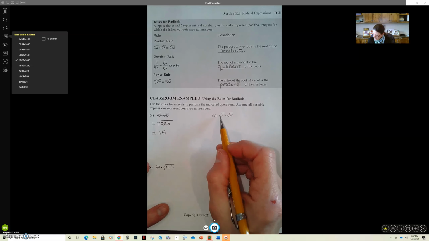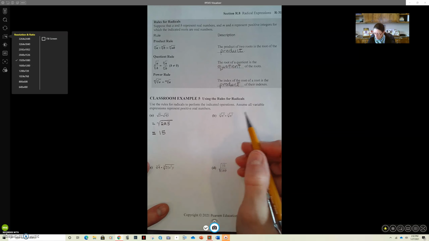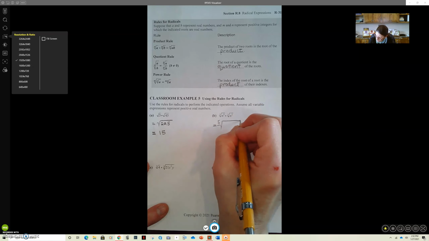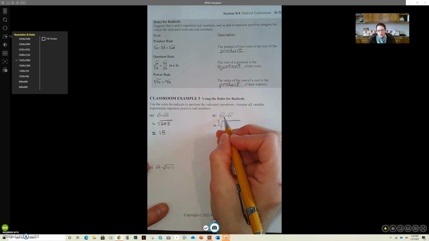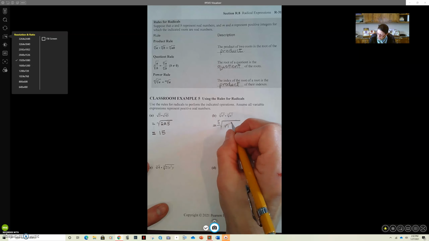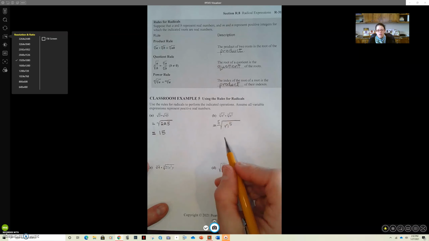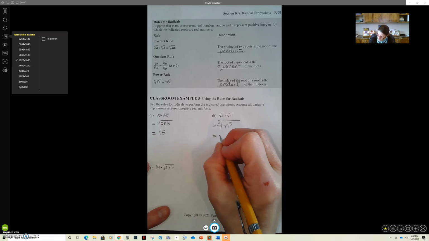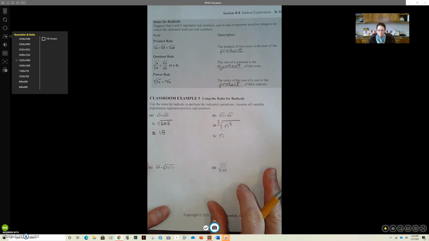In part B, notice that these are both fifth roots, and so we can multiply the radicand values. That's the fifth root of n to the third times n squared. Adding exponents, that's n to the fifth. And from our previous example, we know that the fifth root of n to the fifth is n.